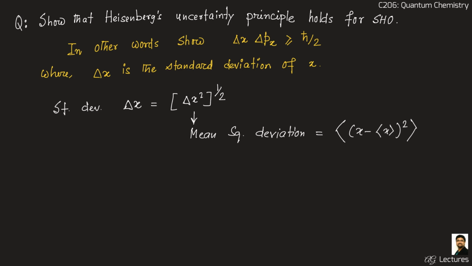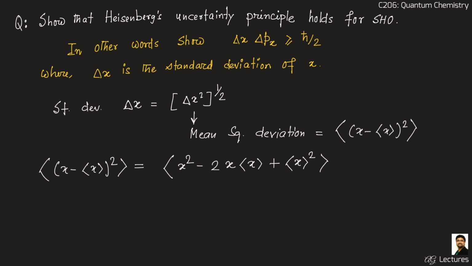So this particular quantity, x minus mean of x squared and then mean, can be expanded as x square minus 2 times x and then mean of x plus mean of x square and then take the mean.